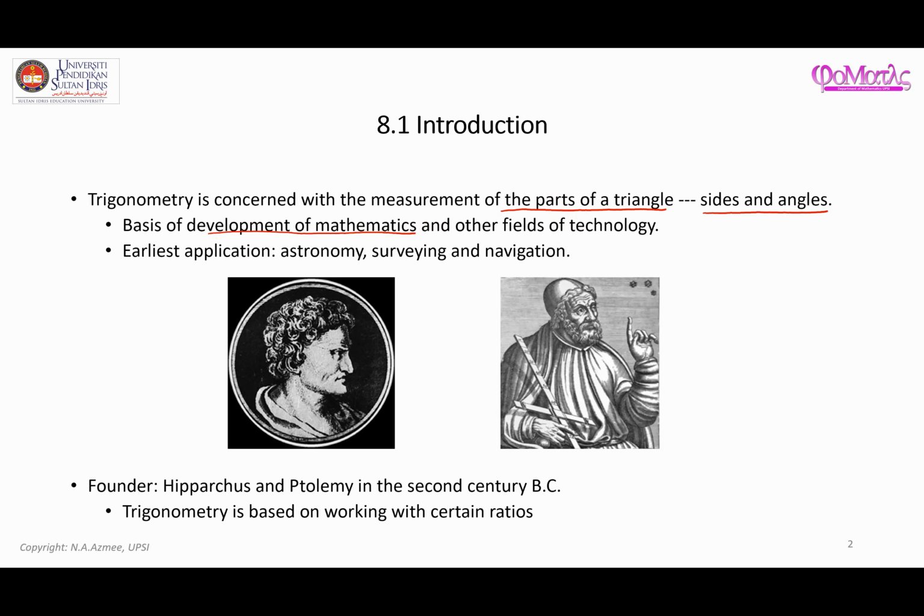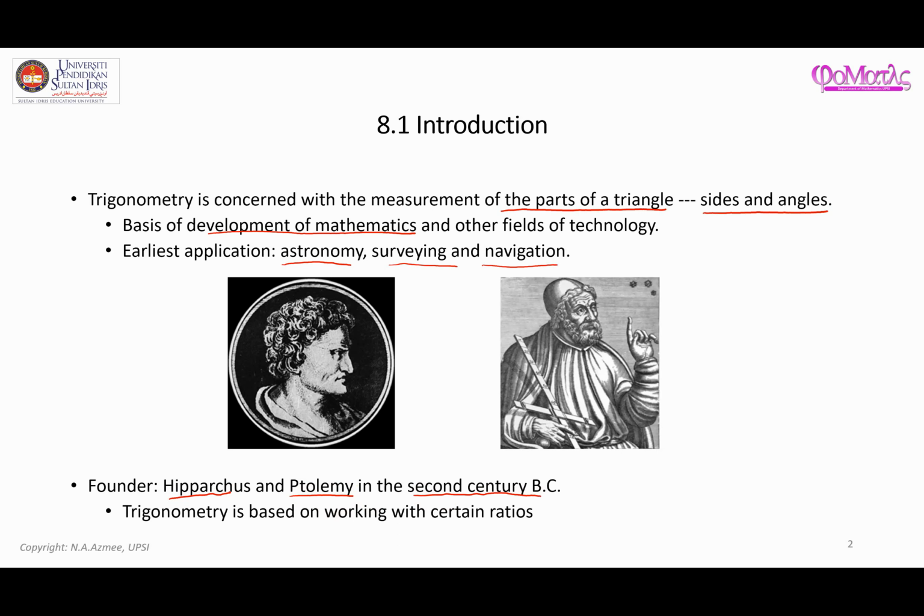In history, it was recorded that the earliest applications of trigonometry are in astronomy, navigation, and surveying, for example. The two prominent mathematicians that introduced the idea of trigonometry are Hipparchus and Ptolemy, and this idea was introduced in the second century before Christ.